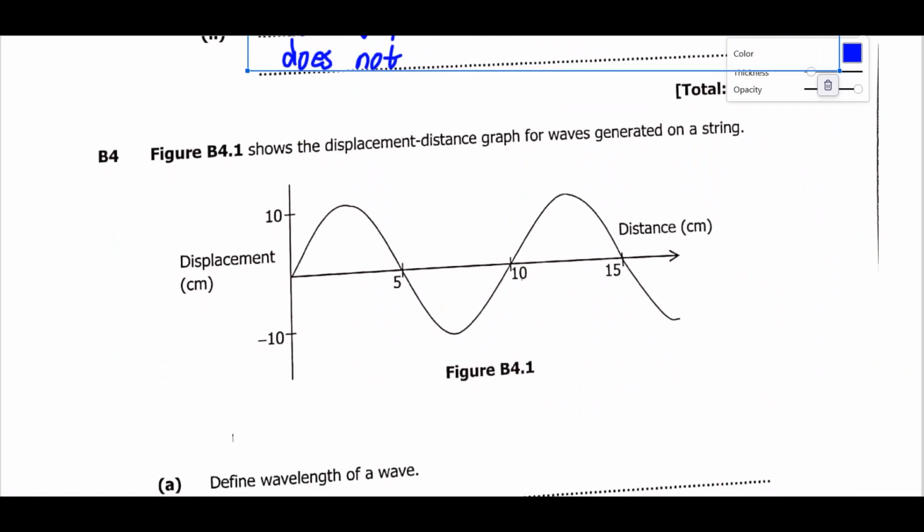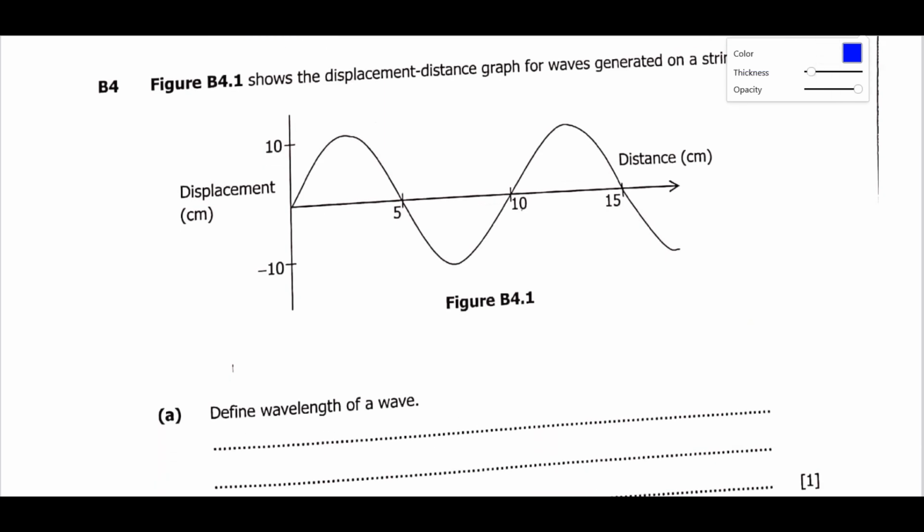Then we move on to question 4. So question 4, figure B4.1 shows the displacement distance graph for waves generated on a string. The first question, very simple. We want to define wavelength. So say it is the distance covered by one complete wave.